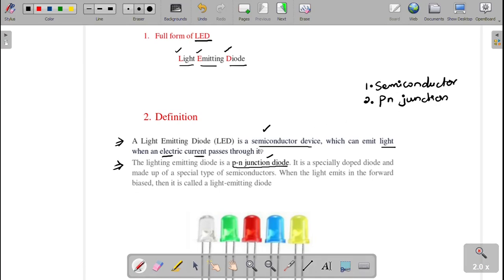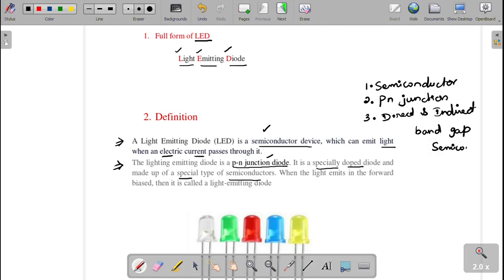The next one is, it is a specially doped diode made up of special type of semiconductors. For this, you also have to watch another video to understand, that is direct and indirect band gap semiconductors.